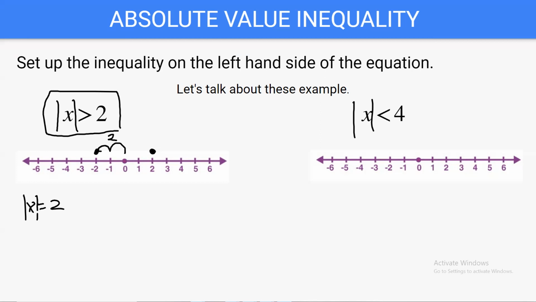What number would make this distance greater than 2? I'm at -2. If I move to -3, if I move to -4, -5, -6, -7, and so on and so forth, correct?